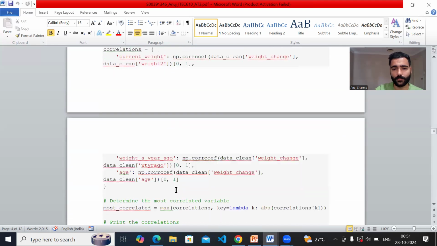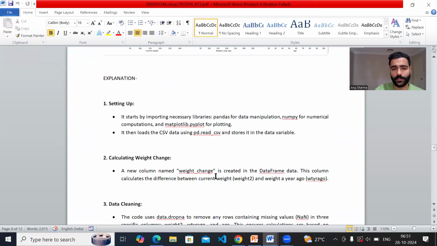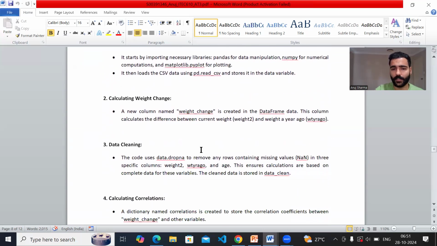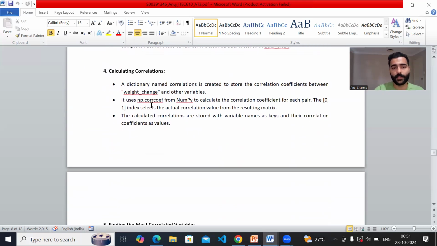For task 2, that's the output of task 2, setting up. That means starting by importing libraries, calculating the weight, data cleaning as there are some missing values in the data, and calculating the correlation. That is the variables that are being used for the correlation.